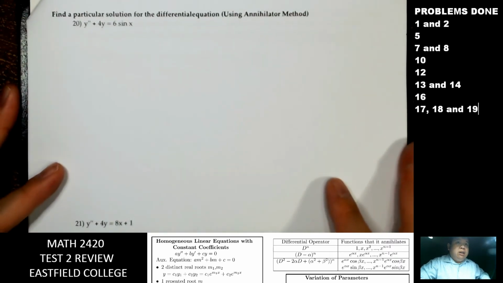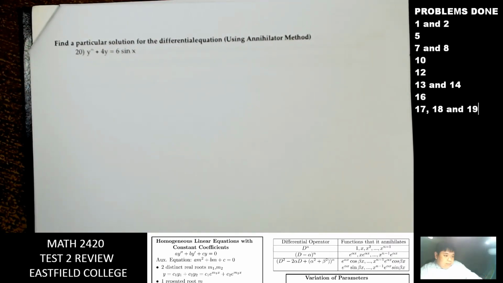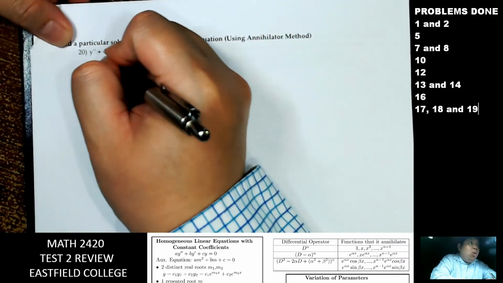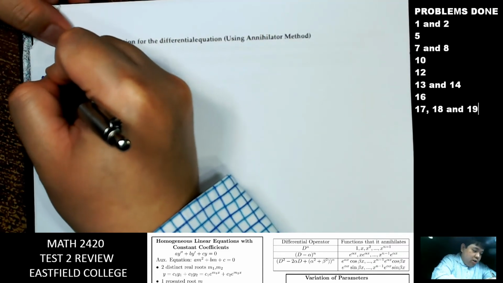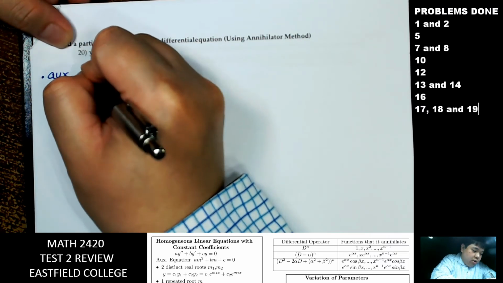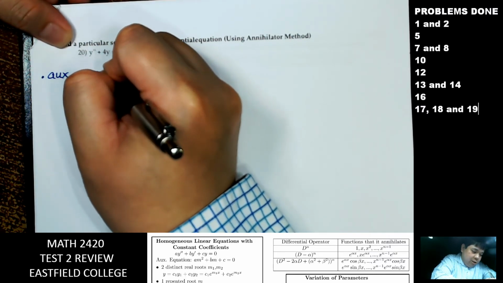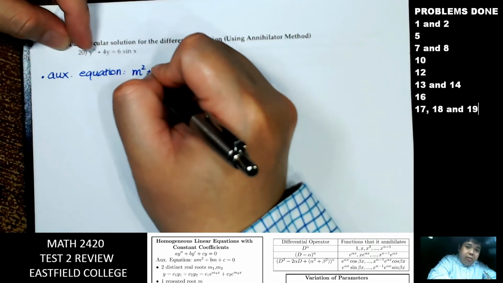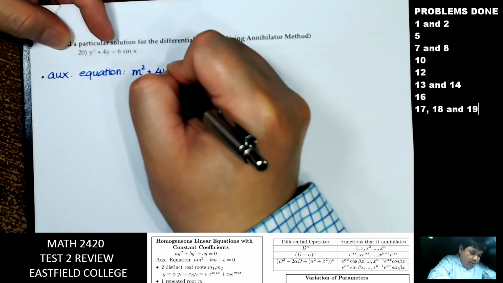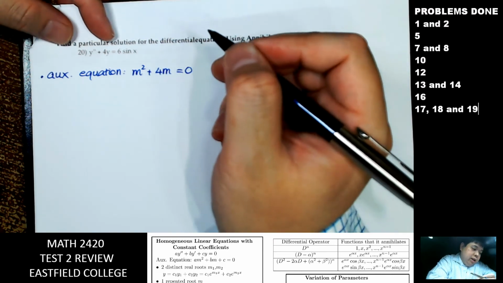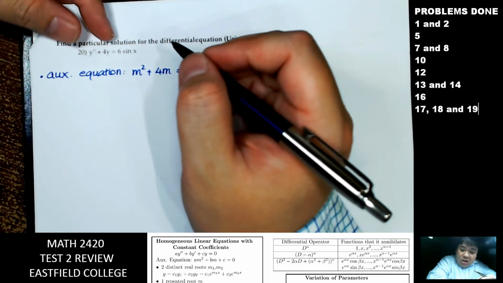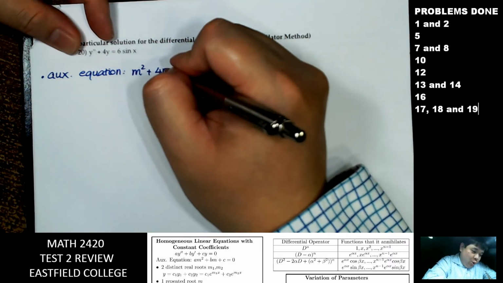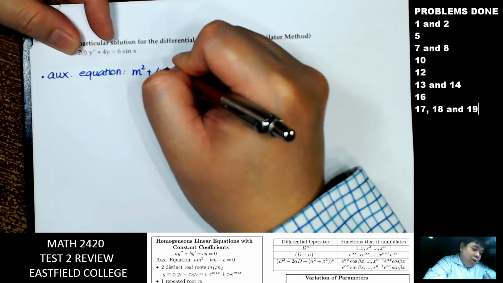I do 20. Let's see 20. So first, always find the auxiliary equation and complementary solution. So m squared plus 4m equal to 0. And of course not that. Notice that the y here has no power, so we have no m here. I did that on purpose.